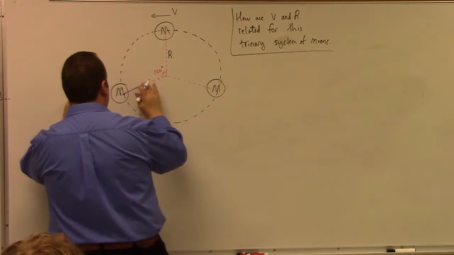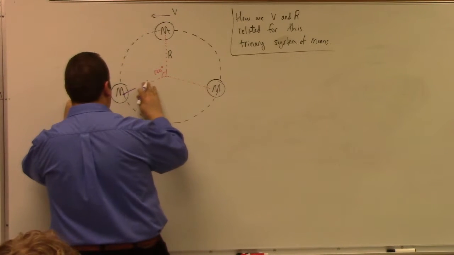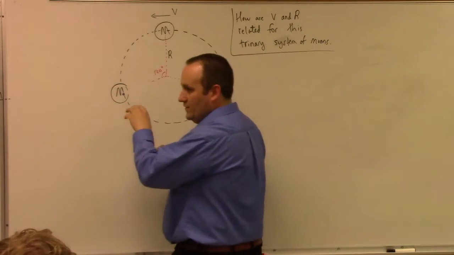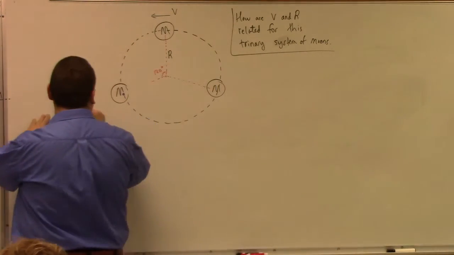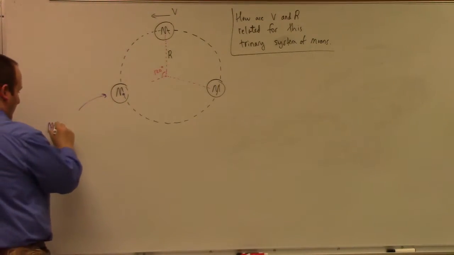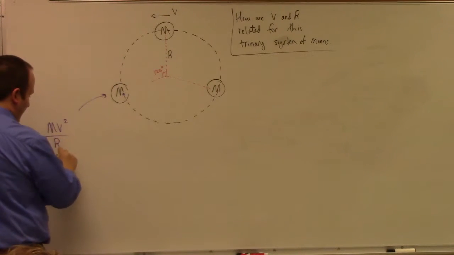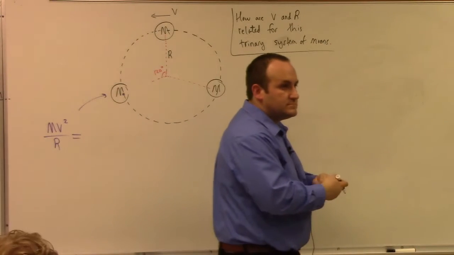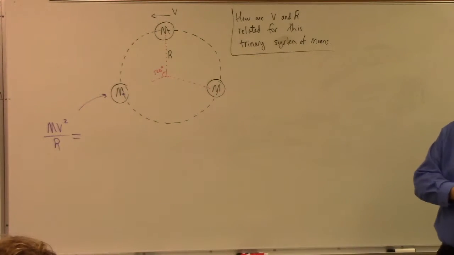No, that's the acceleration vector. I don't usually plot that. Sorry about that. So if I pick this one, what are the forces on this mass? I know that m v squared over r is equal to the net force because it's going in a circle. At least that's equal to the net centripetal force.